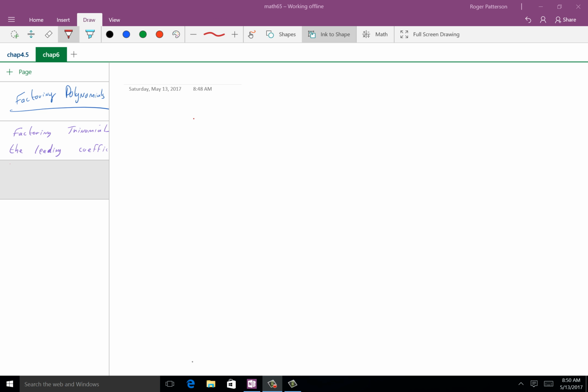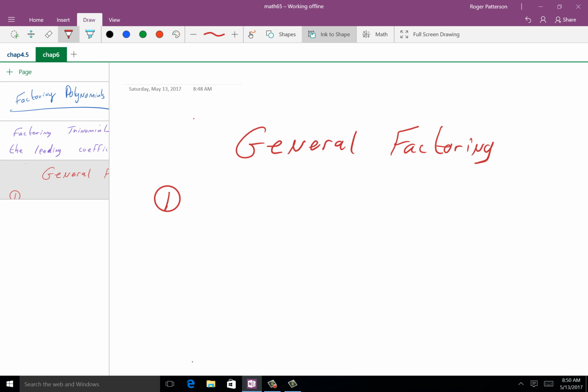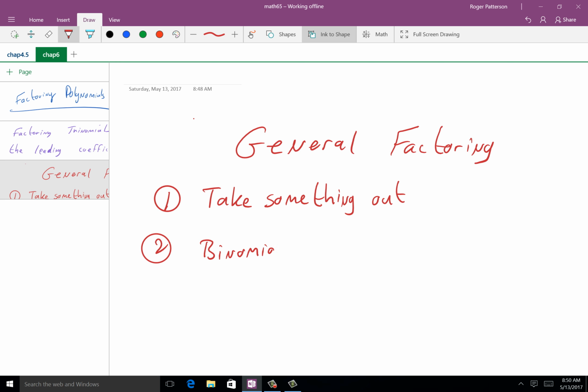Okay, let's do this here. I want to call this general factoring. One, take something out. Two, binomials: difference of two squares.